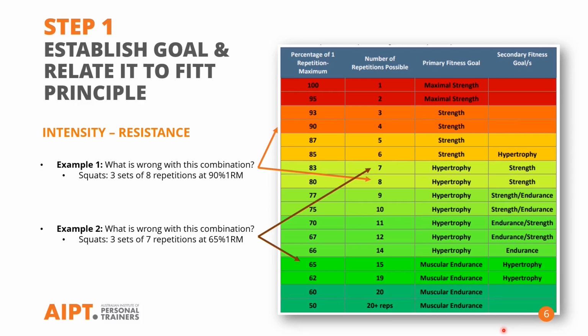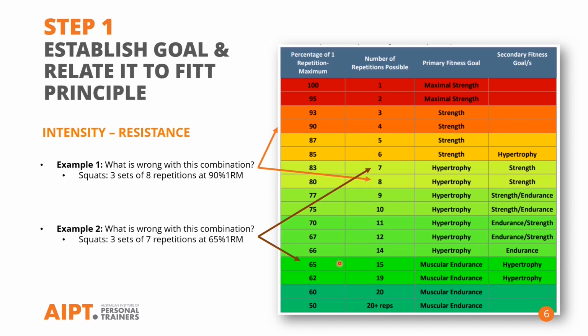So now you've had a look at it, we can see that at 65%, it is possible to do 7 repetitions, but it's also possible that 15 is achievable. So if you've got a relatively low intensity, like 65%, and you only gave the client 7 repetitions, then it's very likely that exercise will be very easy for them because the weight is light and you're also giving them a low number of repetitions to perform.